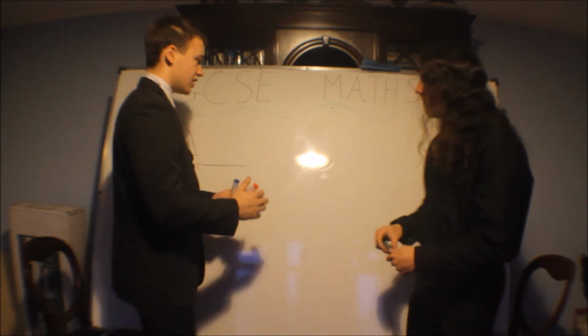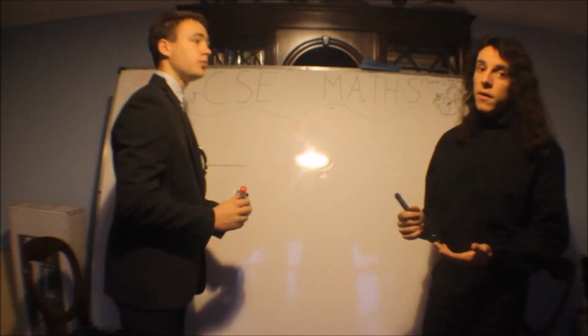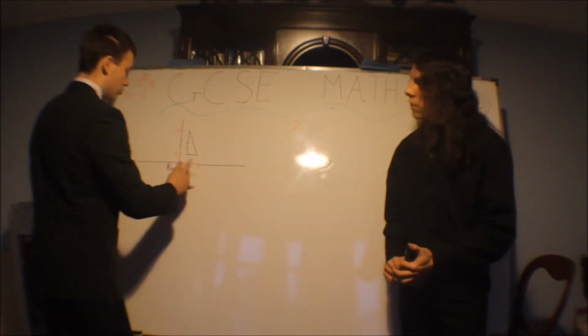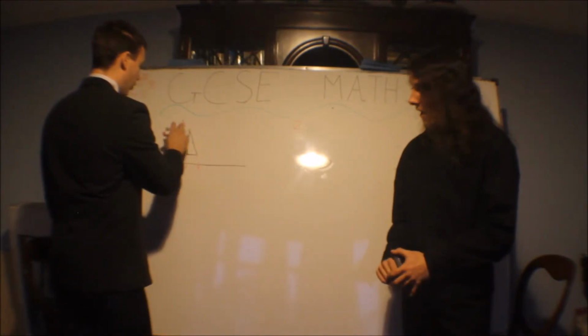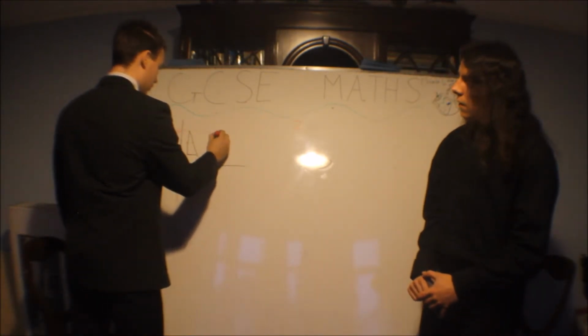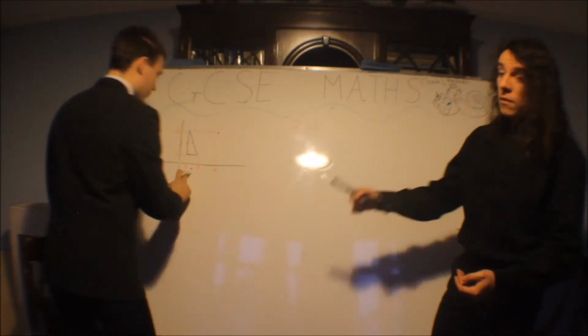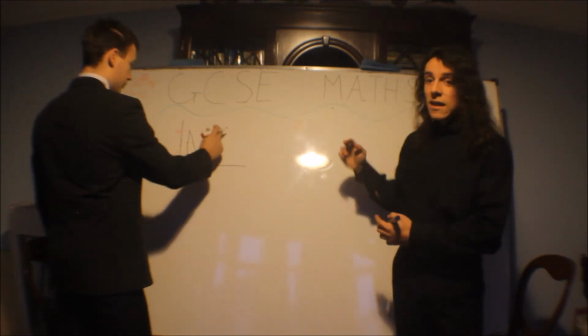Okay, so if it says enlargement scale factor 2, every point doubles in size. Exactly, so this is at the point 2, 2. So you double both of those, it's now going to be at the point 4, 4. So 4 goes along here, it comes down. And that'll be your first point. Then you do it to the next point along, so as it's still at 2, it'll be 4 high, but 6 across.